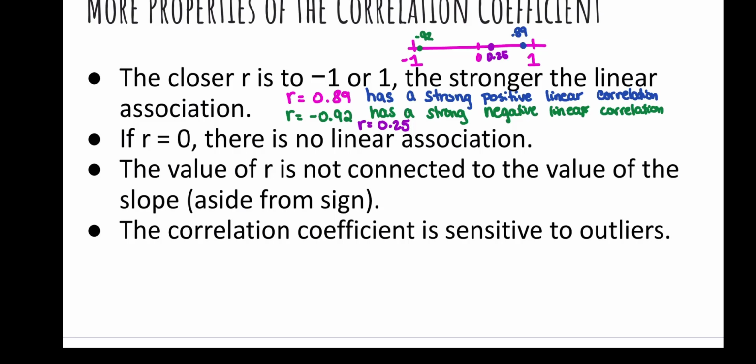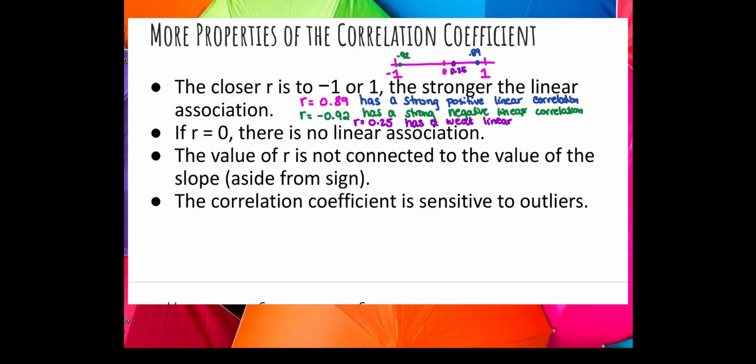So that would have a weak linear correlation because it's closer to 0. Again, the closer it is to 1, the more those points are going to line up.